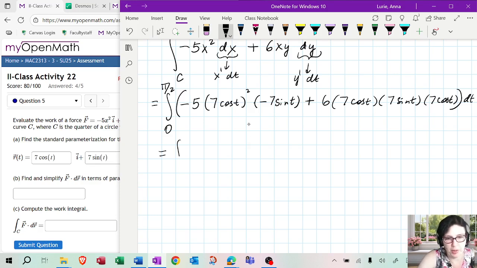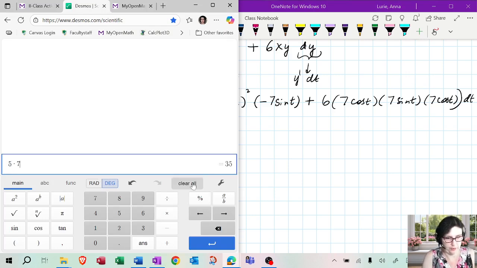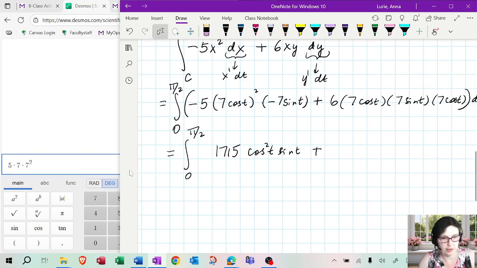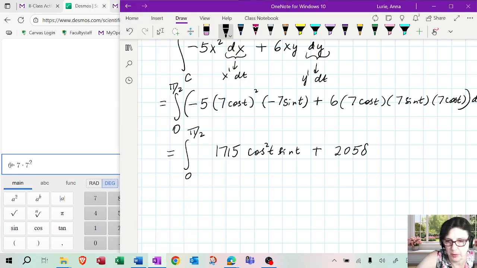Actually, we will be able to simplify this further before we start integrating. I've got 5 times 7 squared, some huge numbers. So 5 times 7 squared times 7 gives 1715, and then we got cosine squared sine t. The two negatives cancel out, so that becomes a positive. Then plus, here we have 6 and 7 cubed, which gives 2058, and we got the same thing, cosine squared sine.